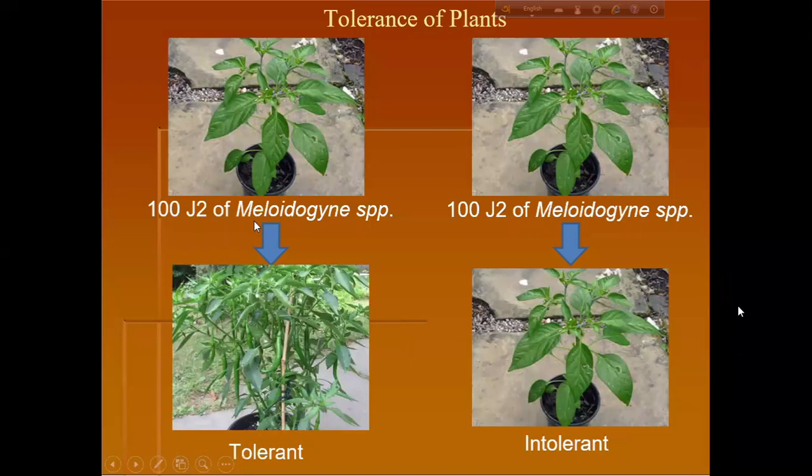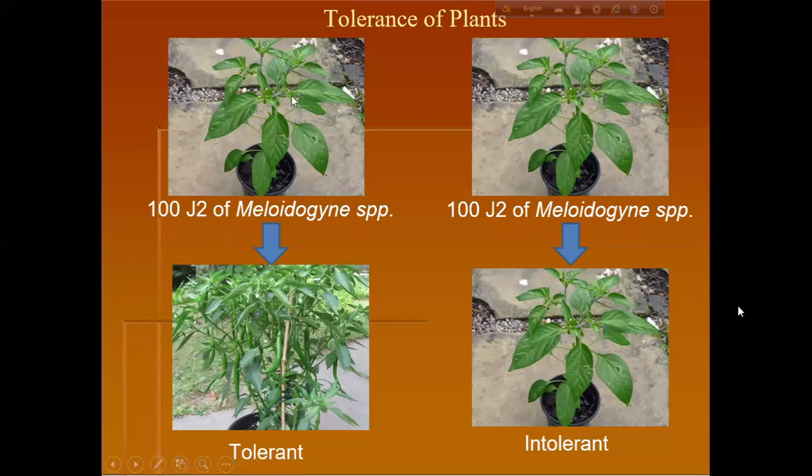But in the right-hand side, the growth of the chili plant, the development of the chili plant, and reproduction of the chili plant is affected by the presence of the nematode. You can see here, there is no growth of the plant. Before 1 month, the plant looked like this one, and after 1 month, this plant looked the same, for example. That is, the growth, development, and reproduction of the plant is affected in this case.